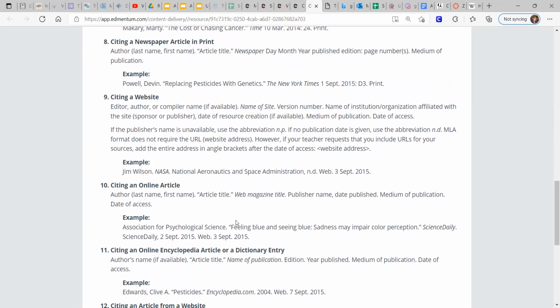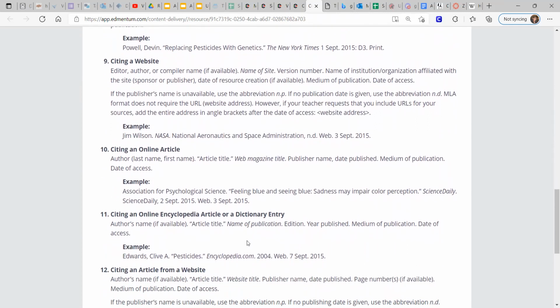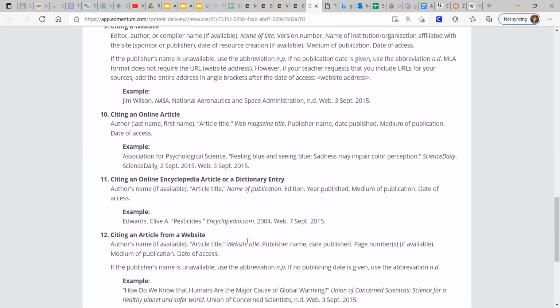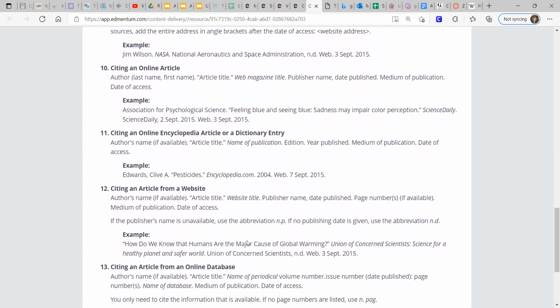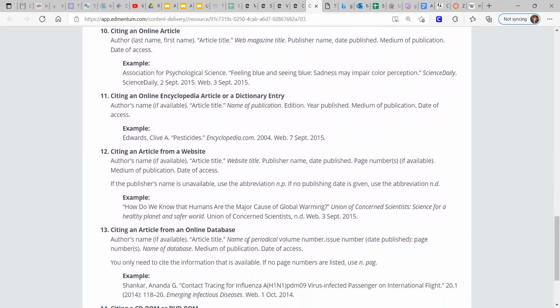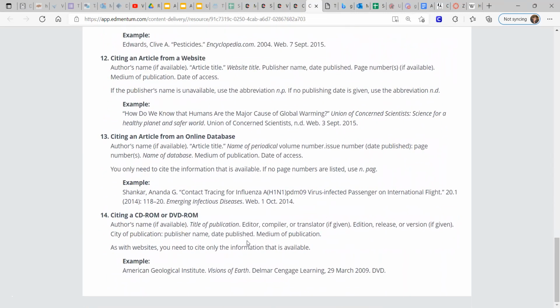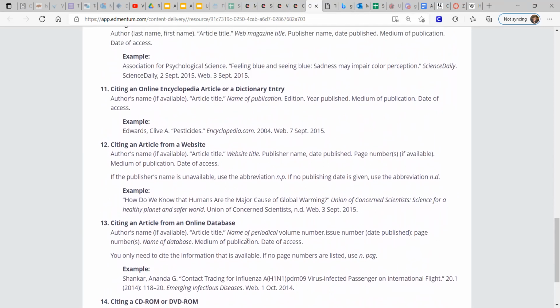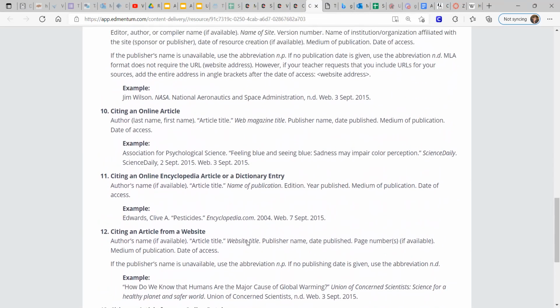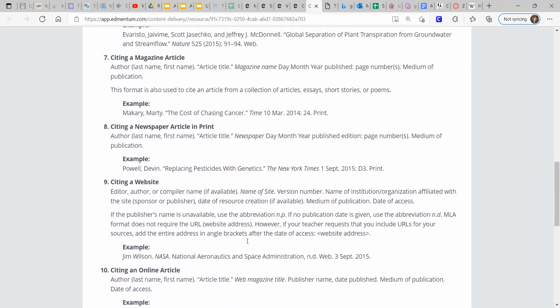Here's how to cite an online article, citing an online Wikipedia, citing an article from a website, citing an article from an online database. So be sure to go back to this section here and check out mostly 9 through 13. And that will be helpful for you guys.